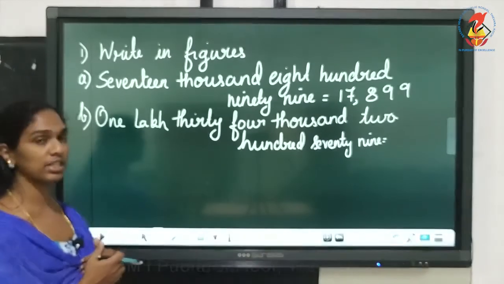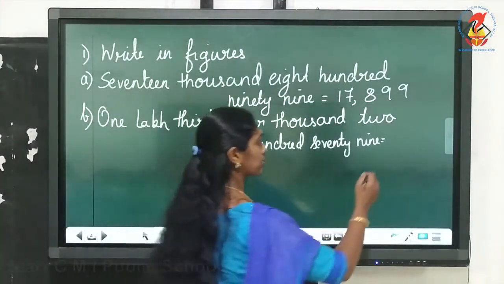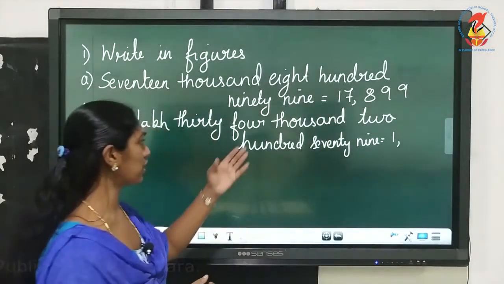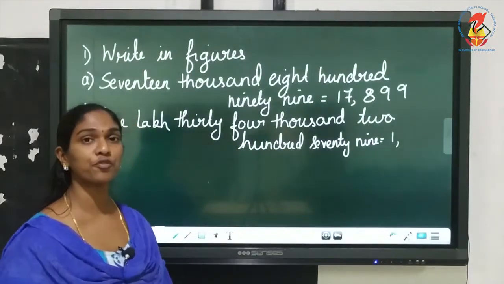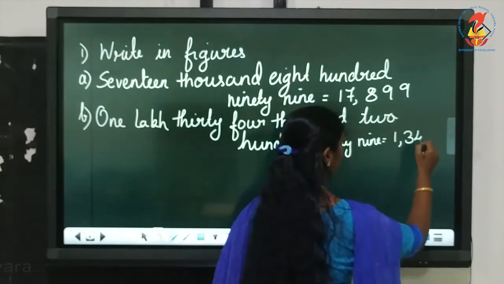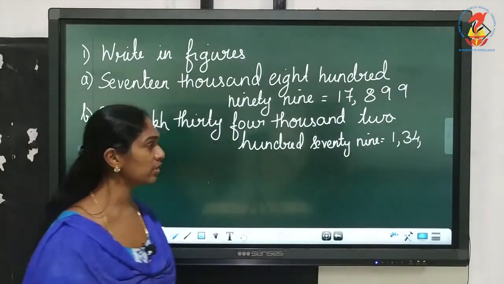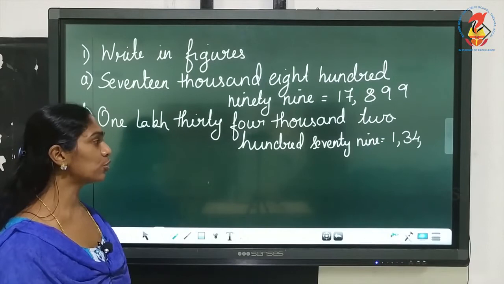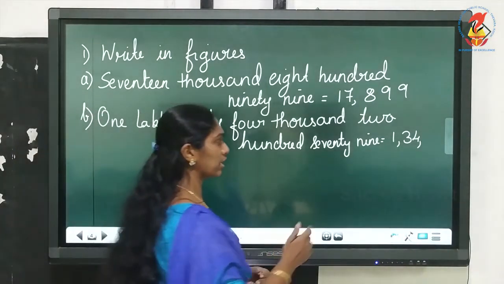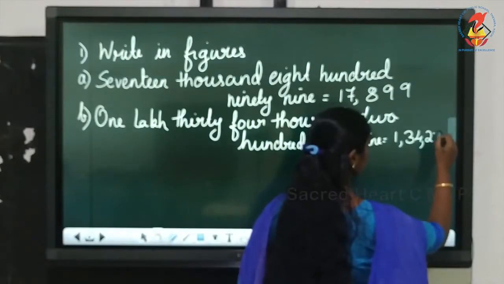What is the number given in the lakhs period? 1. So you will write 1, comma. Next you have the thousands period. It is written as 34,000. So you will write 34, comma. Then you have 279. That comes in the ones period.